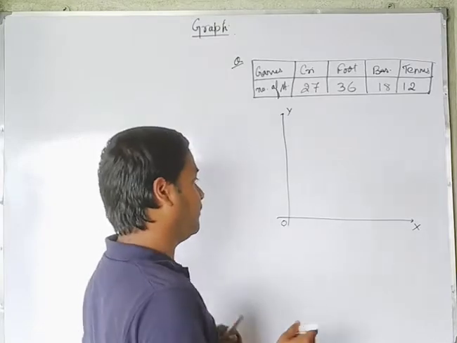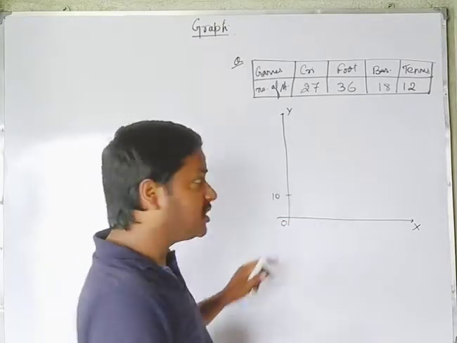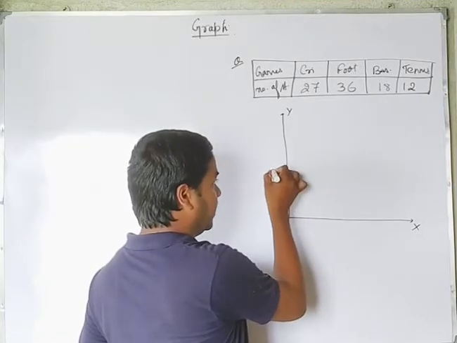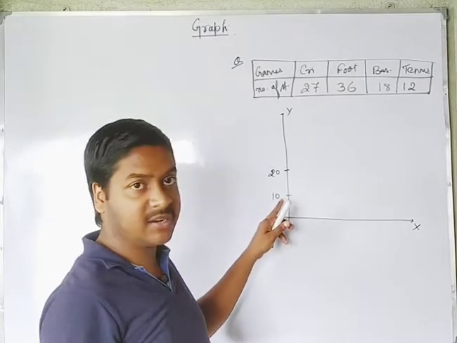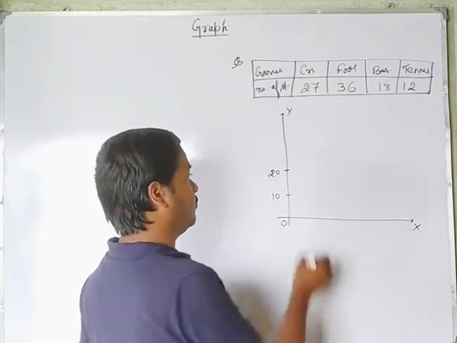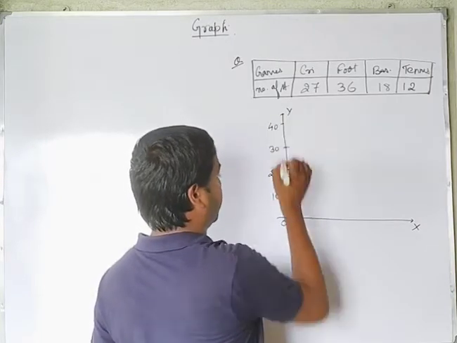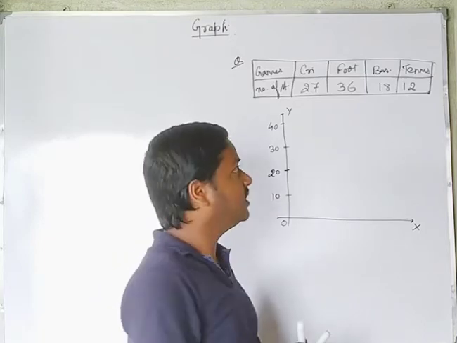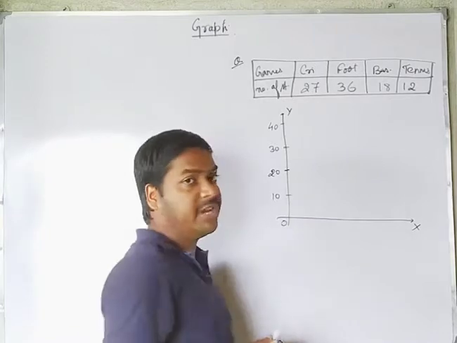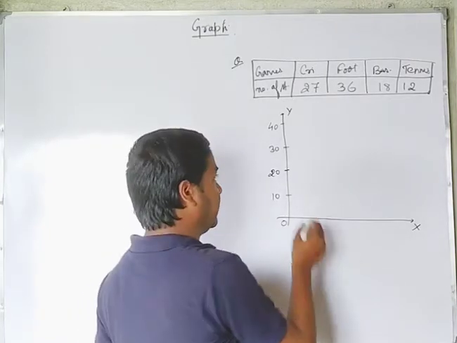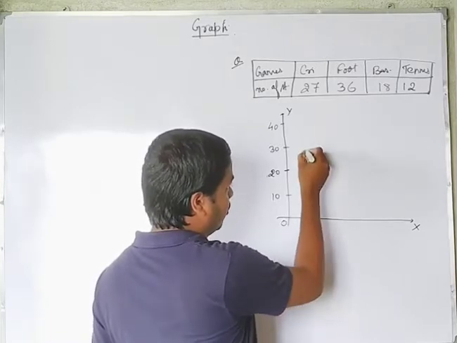I will take 10, 10. So from 0 I will take 10, using this much distance only. You write here 20, because whatever the distance between 0 and 10, that much distance we will take afterward also. Here it will be 30, here it will be 40. Same way, the first bar goes till 27. Here it is 20. When you make it in your graph copy, you will get it nicely. Here I think it will come at 27. So till here I will draw one bar.